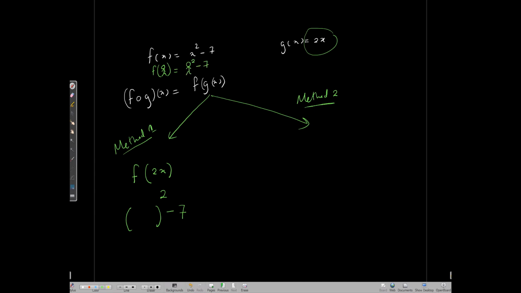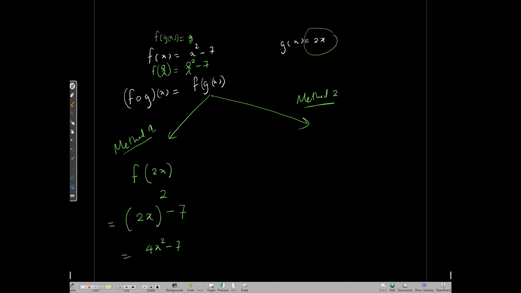Instead of that guy, what if I throw g inside f? I will get g squared minus 7. So 2x squared minus 7 is 4x squared minus 7, which is the answer.